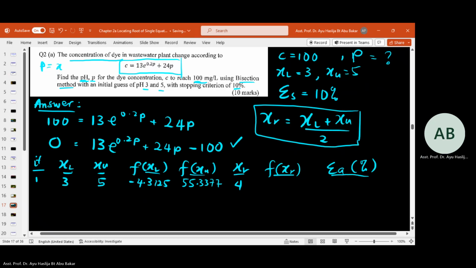FXR, positive or negative? Positive, yes, correct. Positive 24.932.